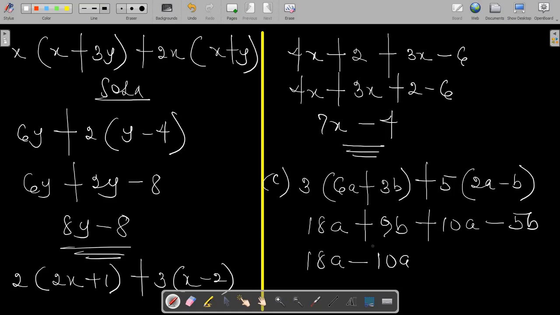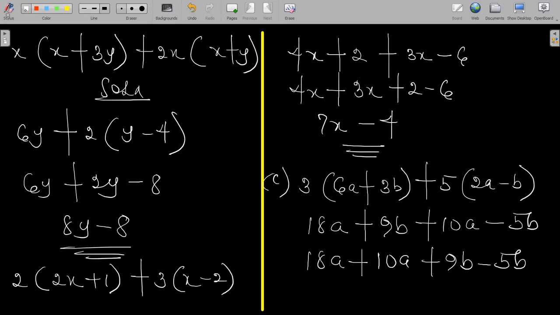So positive 10a, shift it to this side, still retain positive 10a. And positive 9b, take it to meet the negative 5b. Please, do not change any sign here because we are not crossing any equality sign. So this still retains plus 9b minus 5b.